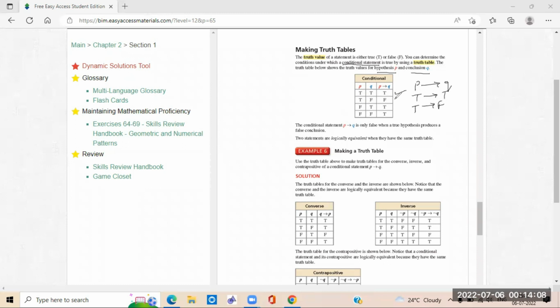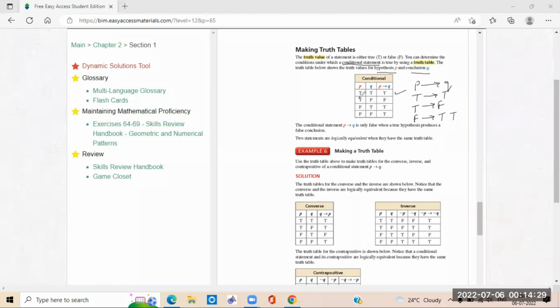So TF is going to be F. FT: false implies true is going to be a true statement. Just keep this in mind that true implies false is going to be false, but false implies true is going to be true. False implies false is going to be true.